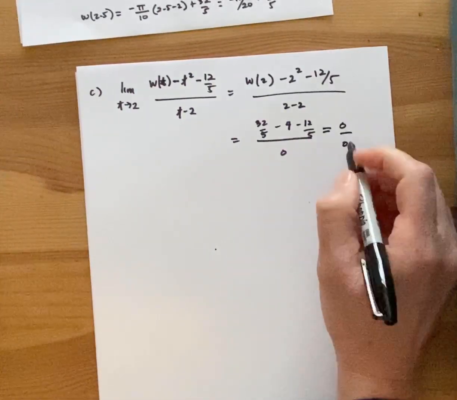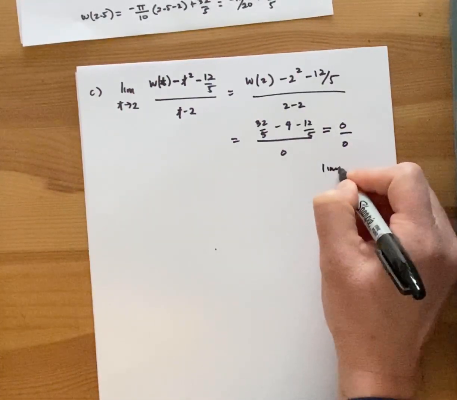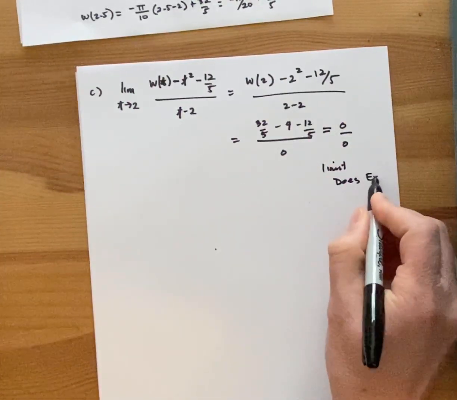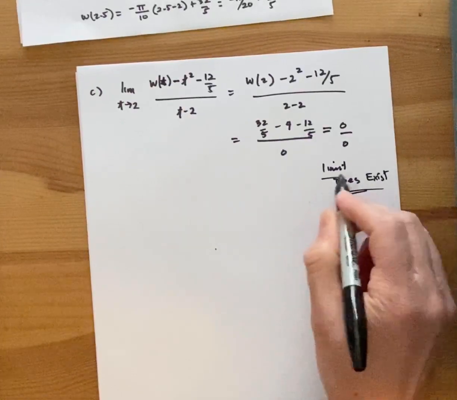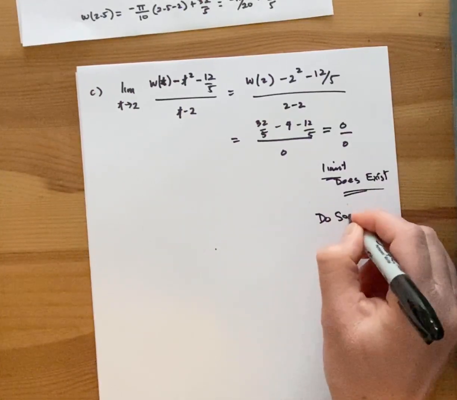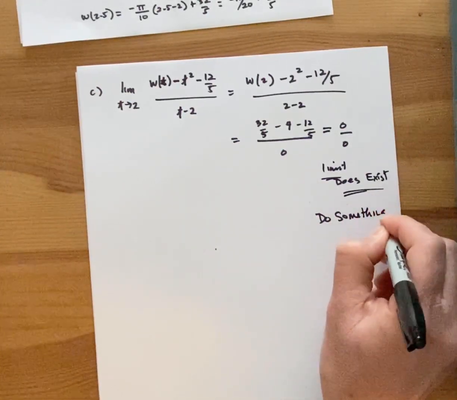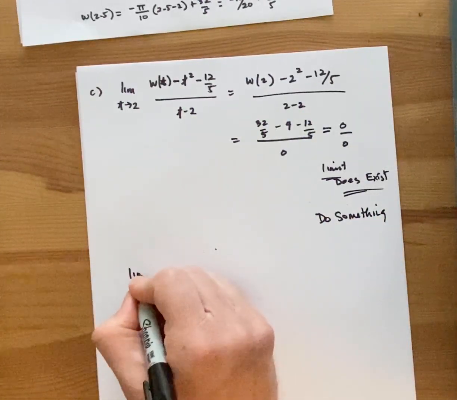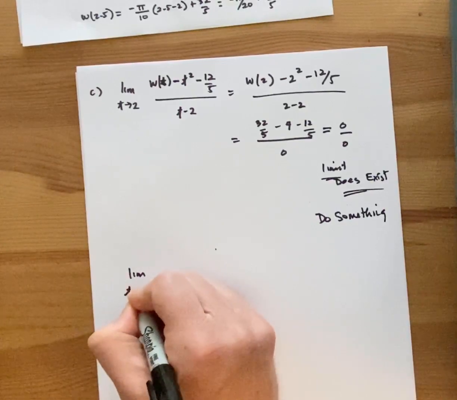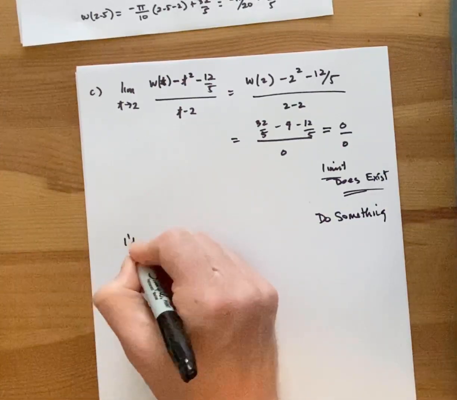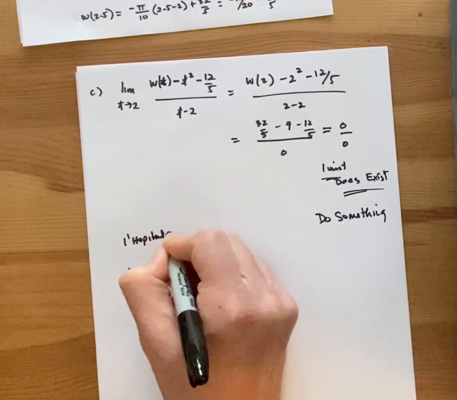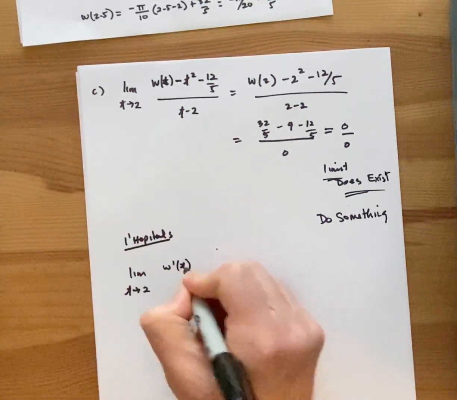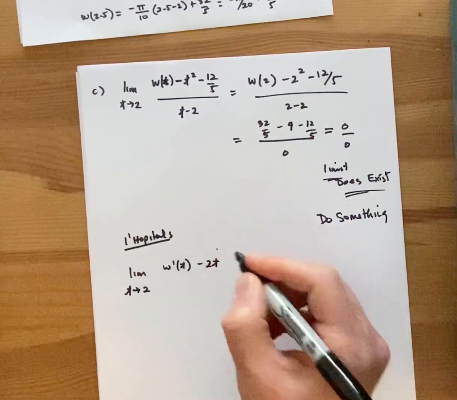So remember, if that happens, that means the limit does exist, so do something. Okay, so what I'm going to do is L'Hopital's rule, right? So in L'Hopital's, you're going to take the derivative of both the numerator and denominator.